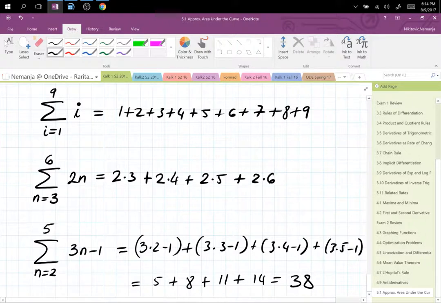Quick one. So basically you start at 2 and then keep going until 5, right? Yes.